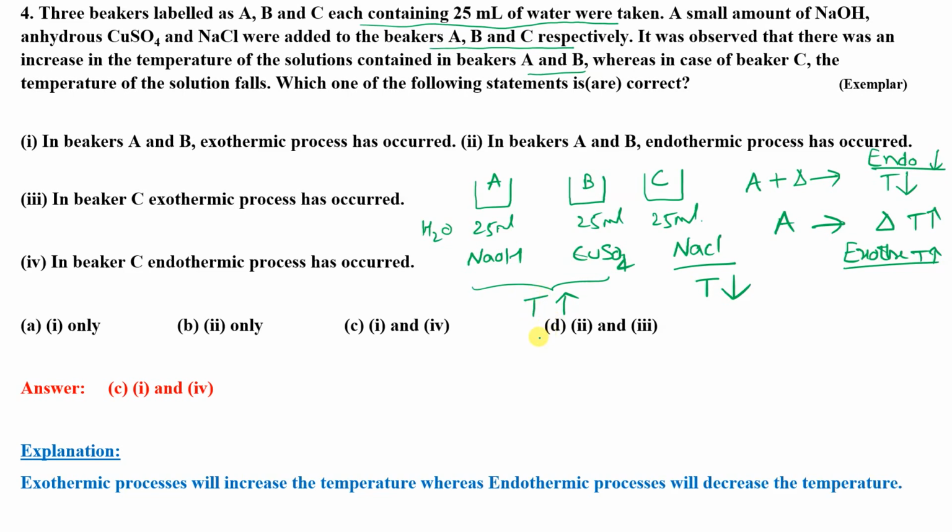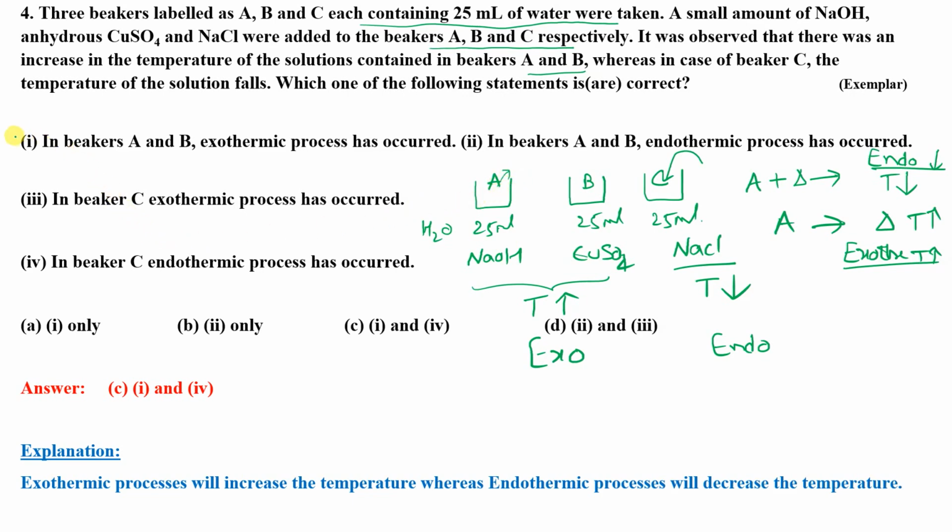Why? Because endothermic absorbs heat from the surroundings and uses that heat to undergo reactions. Here temperature falls. Here the system is releasing heat outside, that is why temperature is increasing.